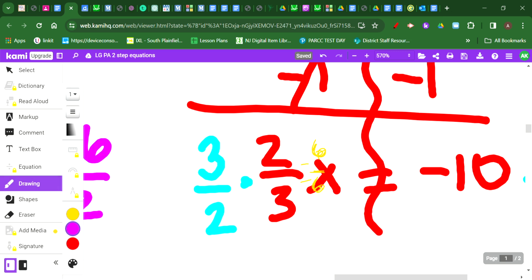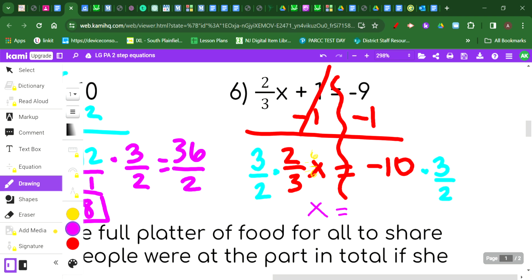So, here we have x is equal to -10 times 3/2. In order to multiply these, you're going to put a 1 under here, and now you're going to multiply across. -10 times 3 is -30. 1 times 2 is 2. And then you end up with -15 as your answer. So x is equal to -15.